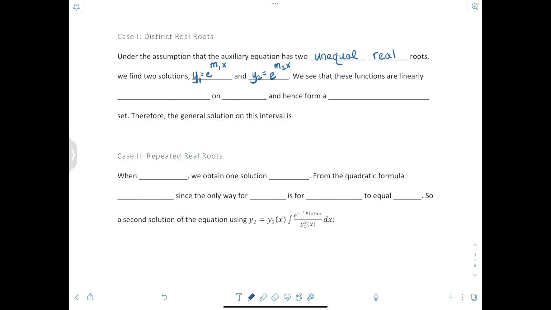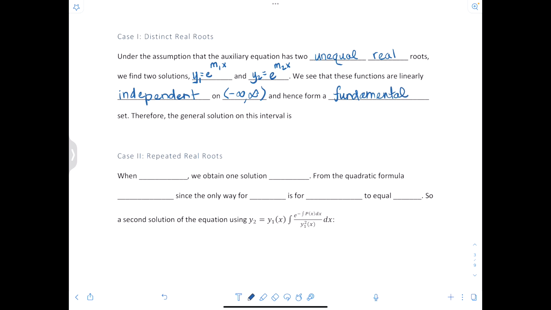We see that these functions are linearly independent on minus infinity to infinity, and hence form a fundamental set.